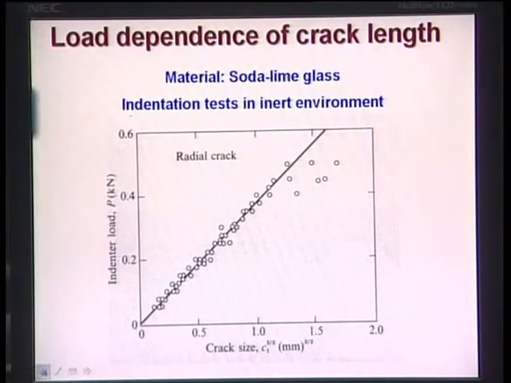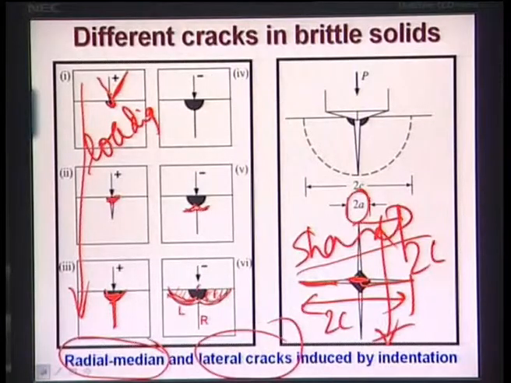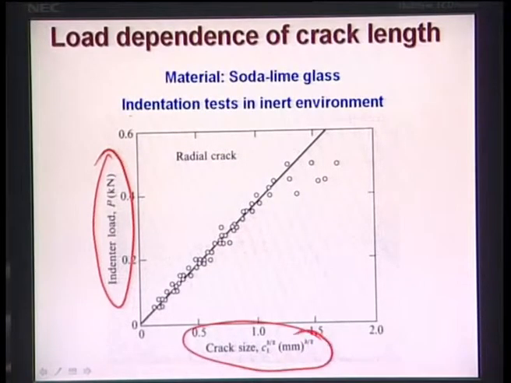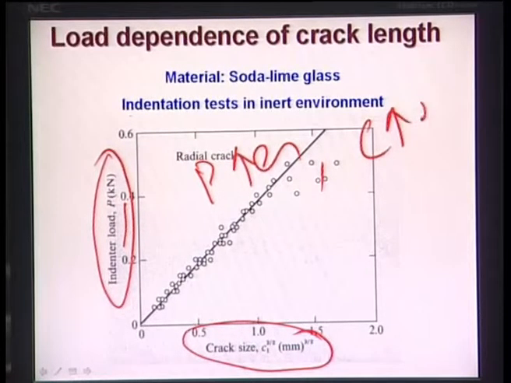Now in case of the radial crack, which is formed by a sharp indenter like a Vickers indenter, similarly, if you increase the indenter load, your crack size also increases, right? That comes from basic physics.